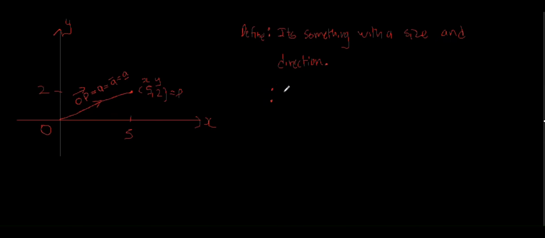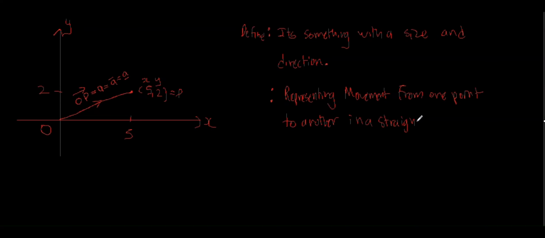Think about it as something with a size and direction, and also you could think about it as representing movement from one point to another in a straight line of some length and some direction.